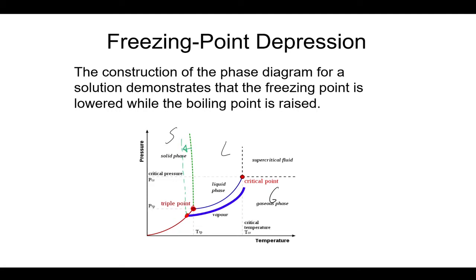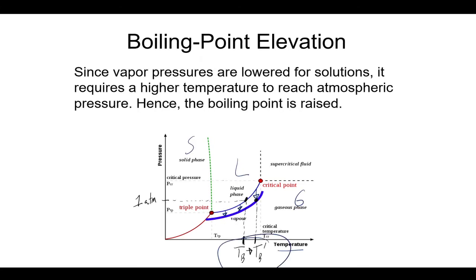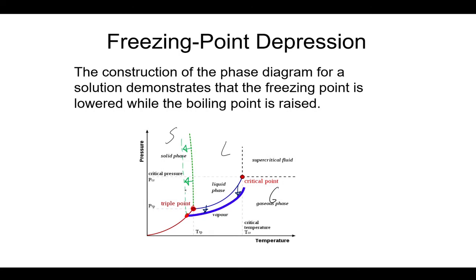So when I mix a solute in, the phase diagram of the solvent shifts. The green curve shifts to the left a little, the blue curve shifts down a little. The blue curve shifting down means a shift in the boiling point. The green curve shifting left means a change in the freezing point.